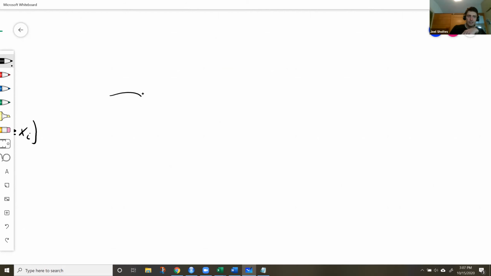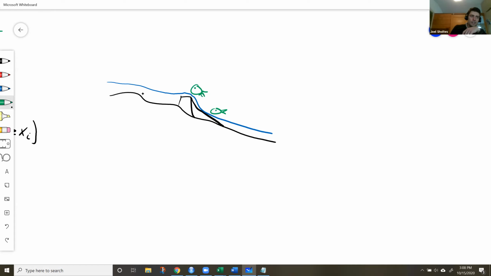So if I've got a river and there's a weir on it for diverting flow, and I'm going to build a fish ramp on it so that we can get fish to swim upstream. We know that this particular fish has a burst speed, right?